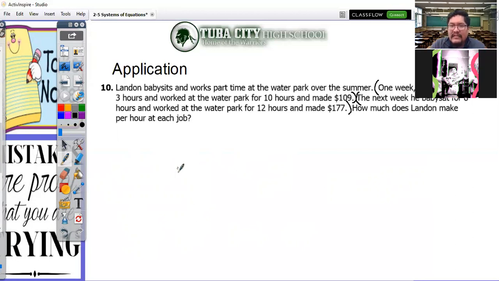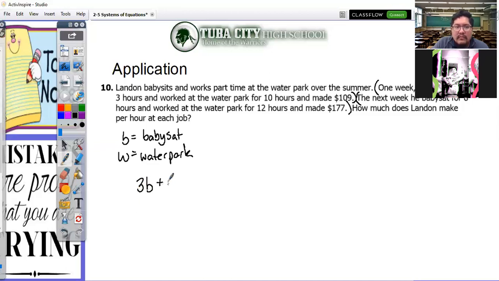So the first clue statement is the first week. Babysat, so we'll put B as babysat, and we'll use W for water park. It says here he babysat for 3 hours, so 3 times B, plus water park. He worked 10 hours at the water park, so 10W, and he made $109.